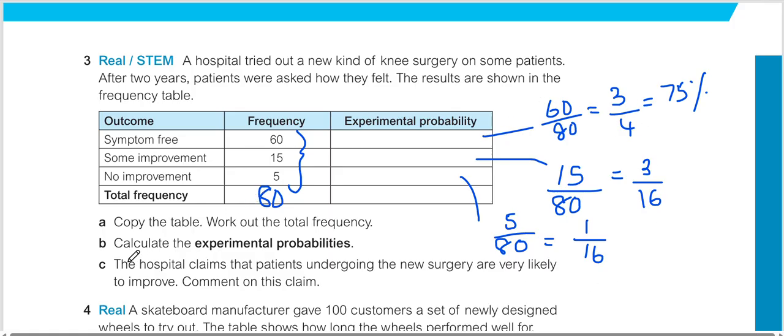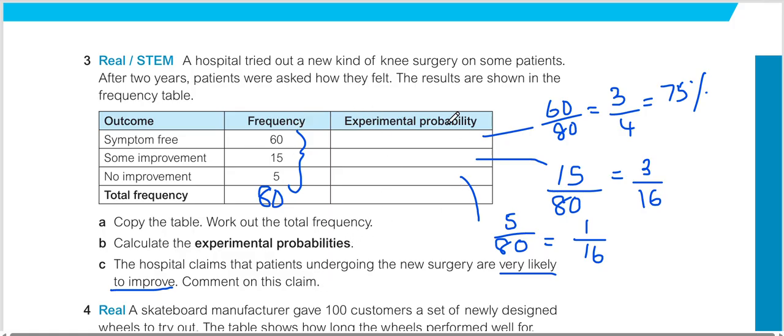Right. Now they are telling in part C, the hospital claims that patients undergoing the new surgery are very likely to improve. The word very likely means it's closer to 100%. Comment on this claim.